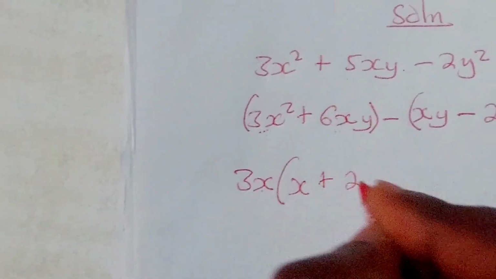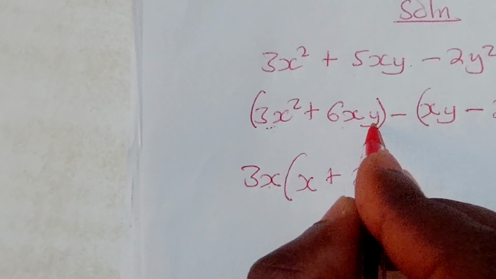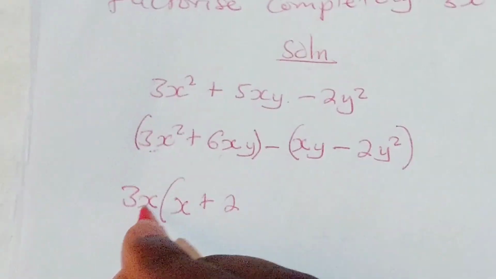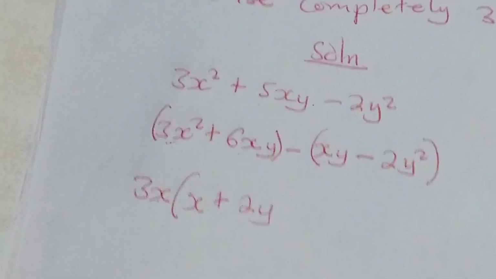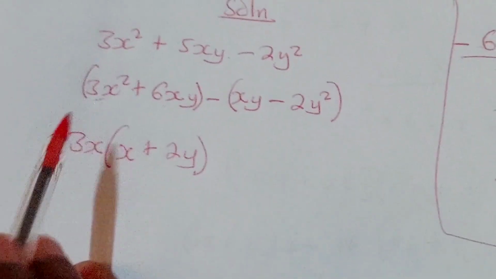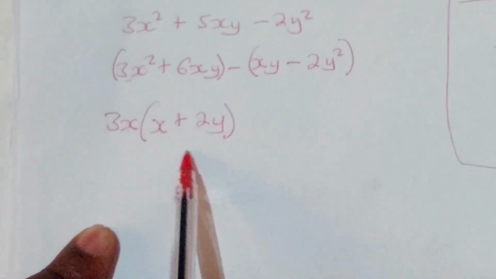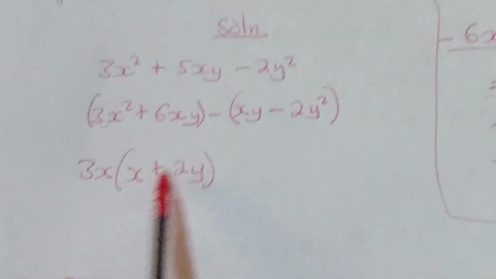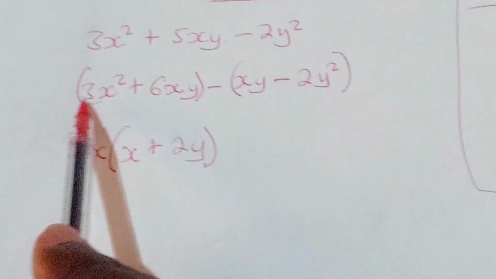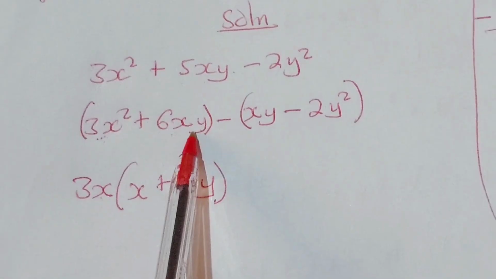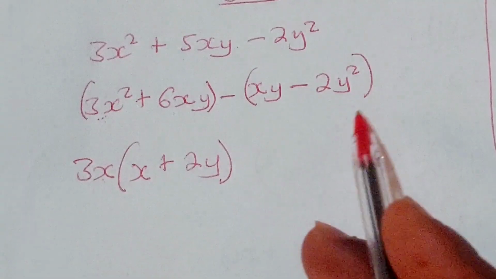So it is 2. And there is another variable which is not found here, then we put y here. So if you multiply 3x with the contents in the bracket, you will be able to get back to this group.